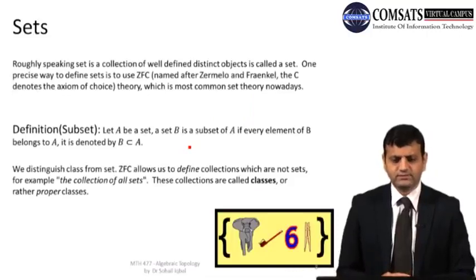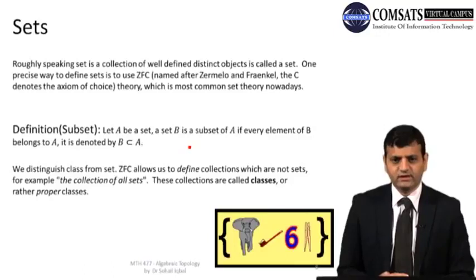What is a set? When the word set comes to mind, it means a collection. So we need to define a collection. When mathematicians need to use some idea or notion, of course we need to define it very precisely. Roughly speaking, a set is a collection of well-defined distinct objects.